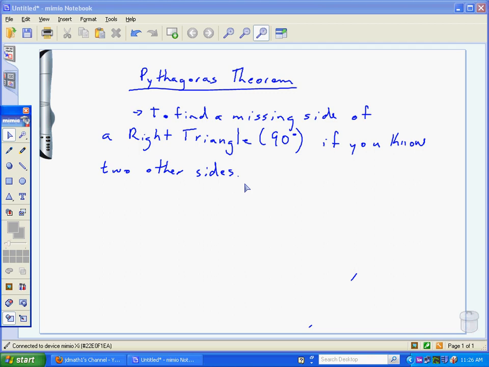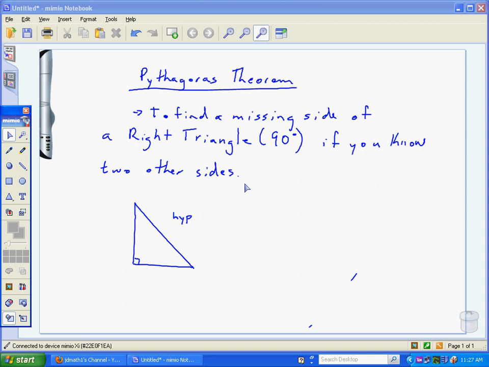Well, if we draw a right triangle, and there's our 90-degree angle, our hypotenuse, okay, the hypotenuse, we always know that that's our hypotenuse, because it's the side opposite of our 90-degree angle.